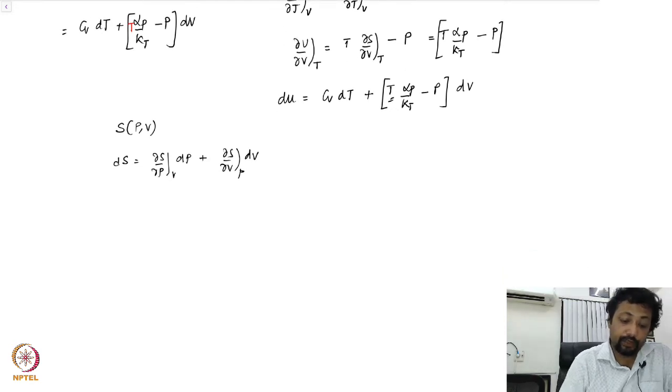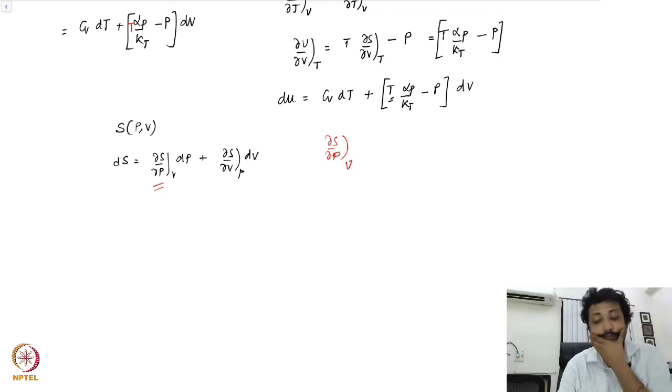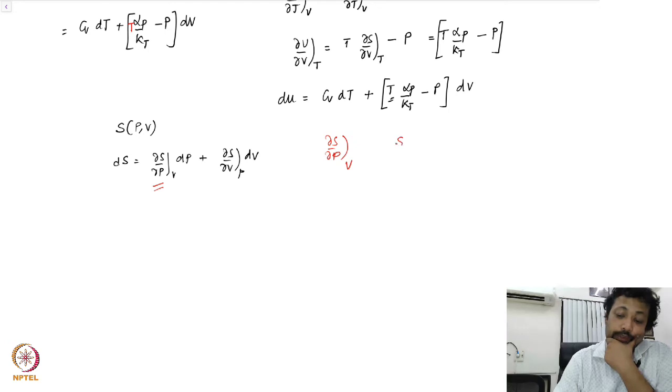So I have to now look at the structure of these relations. Del S del P volume constant. So then I'm looking for S and I'm looking for P, dV and dT.